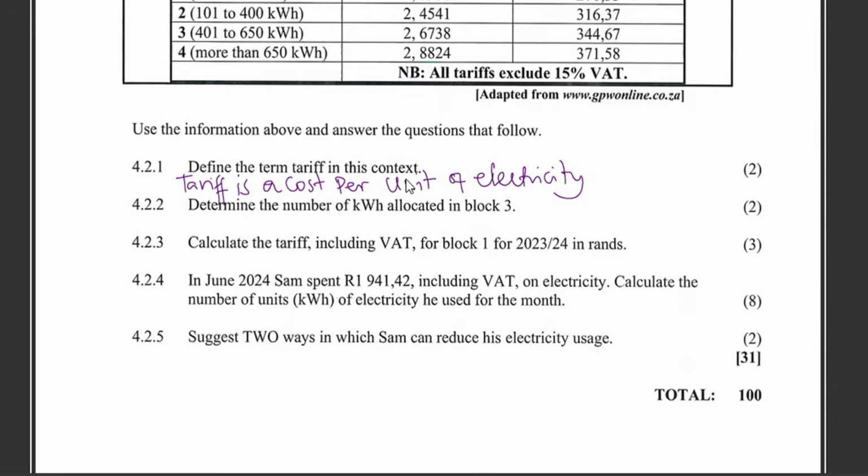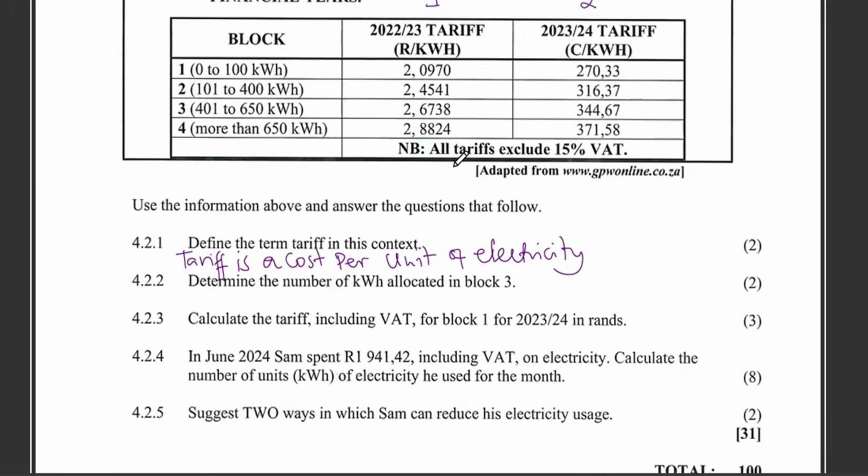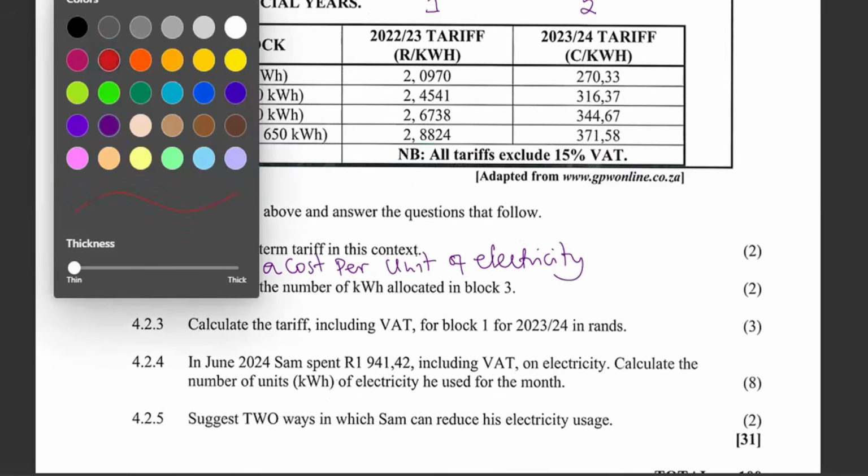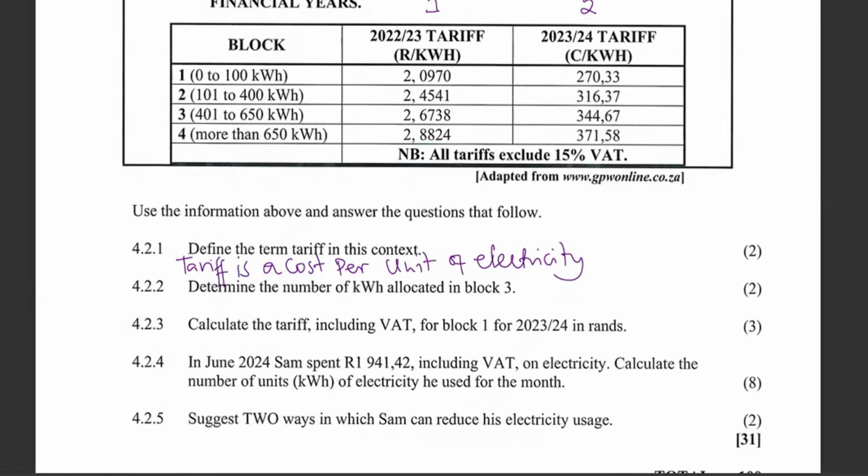So determine the number of kilowatts allocated in block number 3. Now as I told you, the moment you see a table like this, what you have to do first is find out how many kilowatts I have. So block number 1 takes up to 100. Block number 2 will take up to 300.